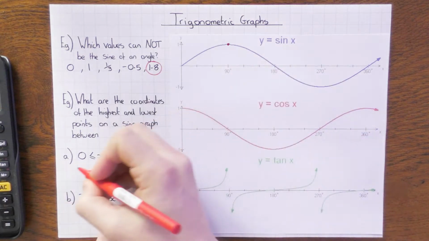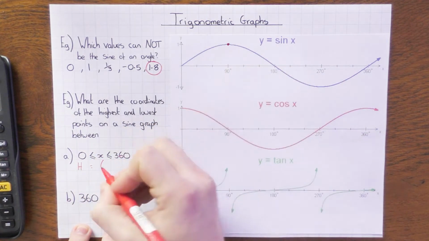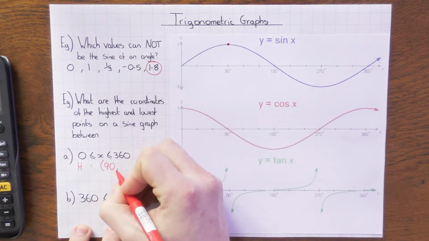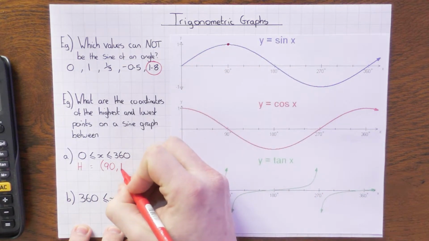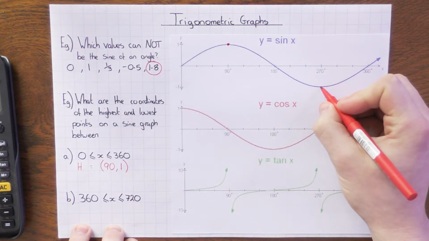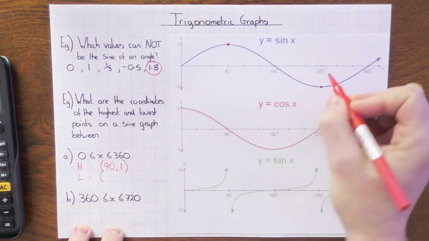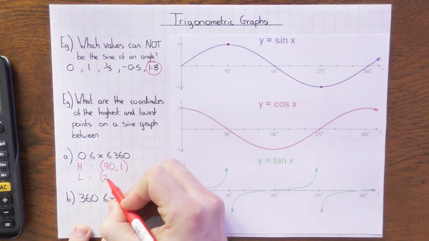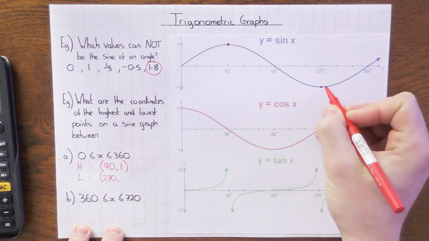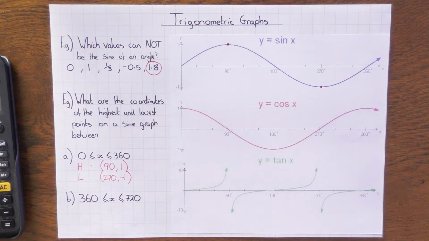The coordinates there for the highest, I'll just put H for highest, is 90 degrees and then obviously 1. Remember, the maximum point is 1. The lowest point would be here, so I'll put L for lowest point. Again, 270 is my x value, and the lowest point is -1, never goes past -1. So there we go for the coordinates.